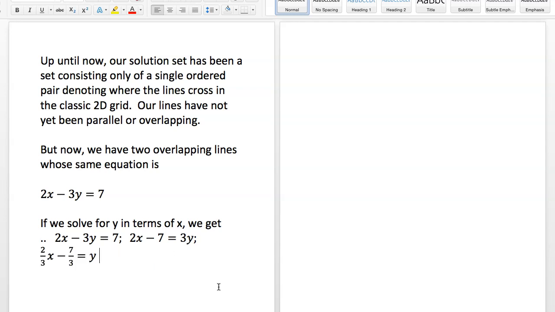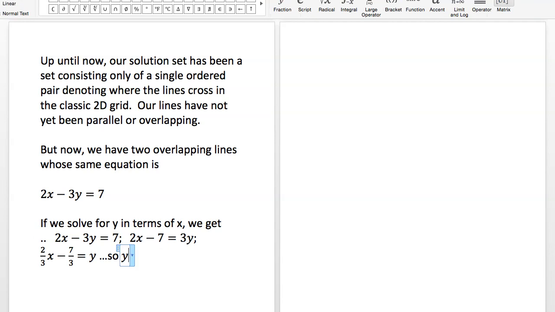So we have that. In other words, y equals 2/3 x minus 7/3, right?